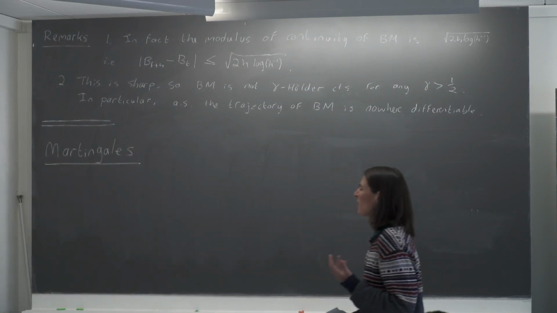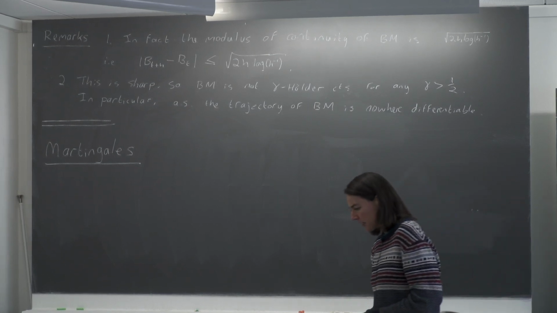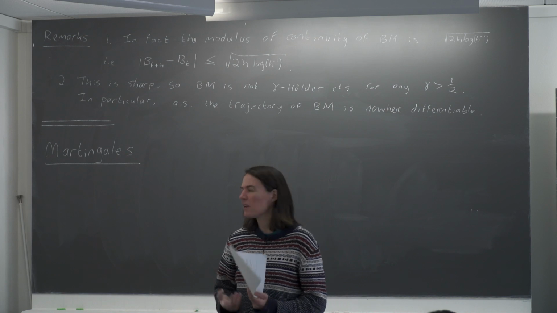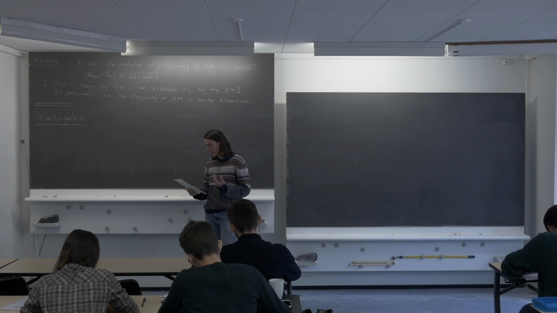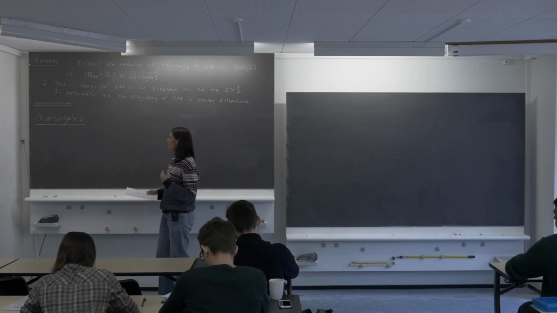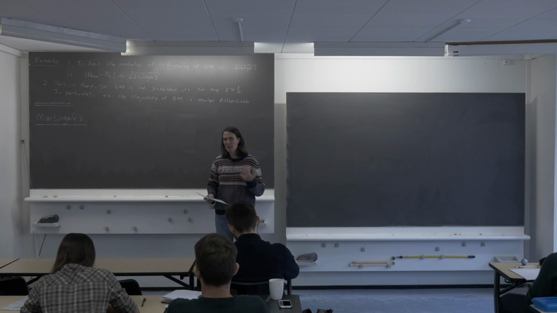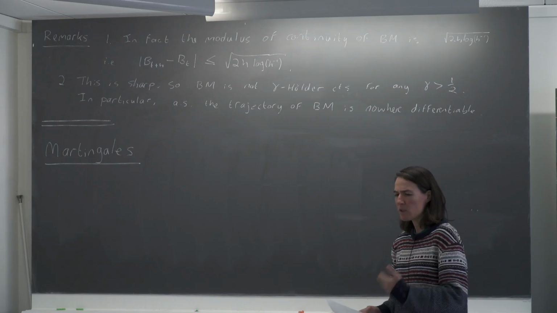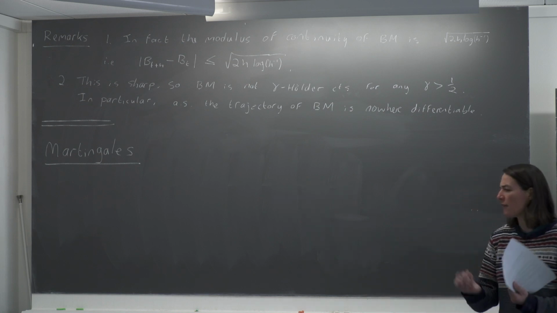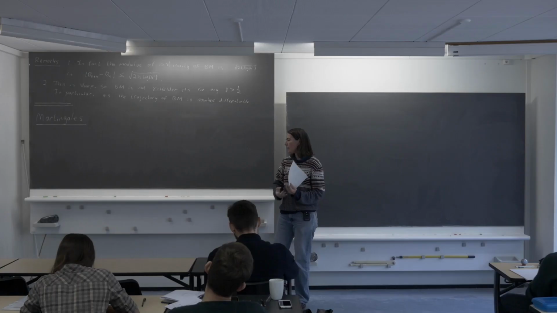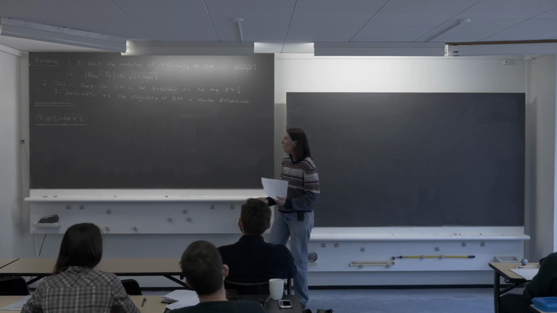Okay, so a martingale is a special type of stochastic process, and it's one that is going to turn out to be pretty fundamental when we go on to construct the stochastic integral. Informally, a martingale can be thought of as a stochastic process that models a gambler's wealth if you're playing a fair game, so if you're constantly betting some money in the kind of game where your losses and your winnings on average always balance out.